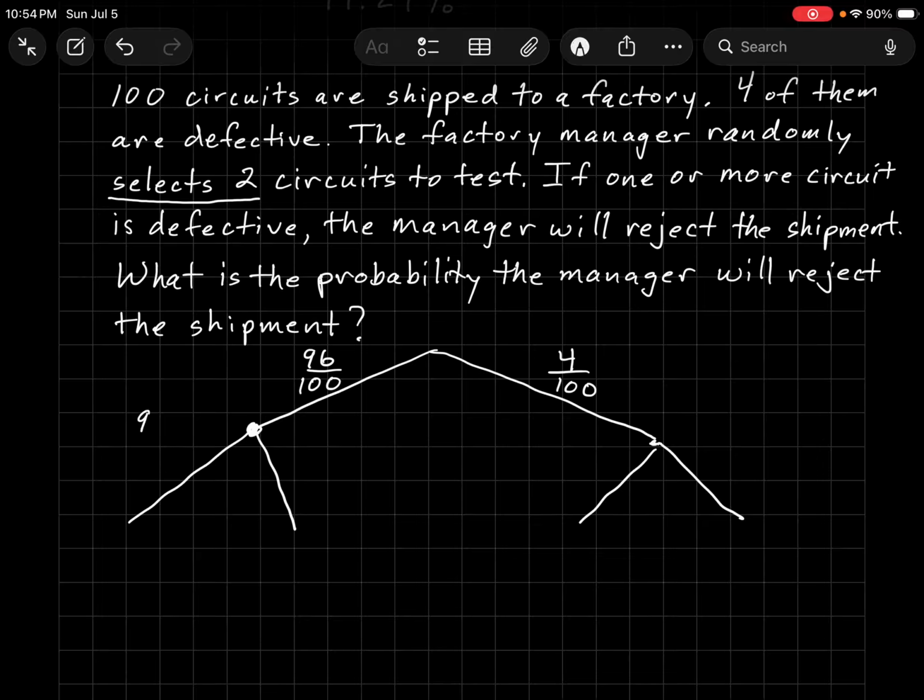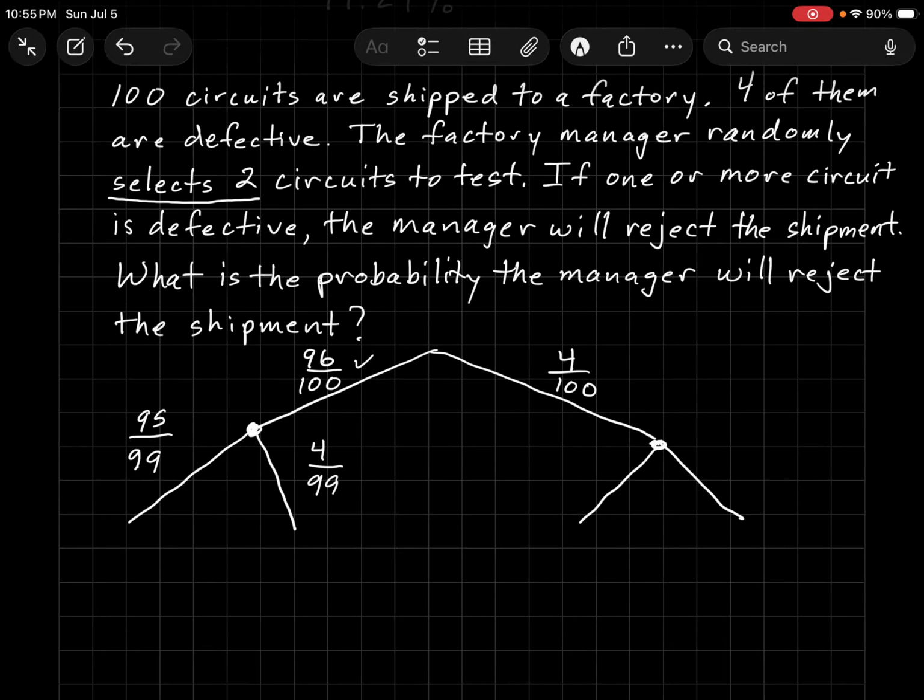Well, it's simply how many good circuits there are left, 95, out of how many circuits left over I haven't tested, 99. And what is the probability, if I chose a good one first, of choosing a bad one second? Well, it's simply how many bad are left over, all 4, out of how many circuits total left over, 99.